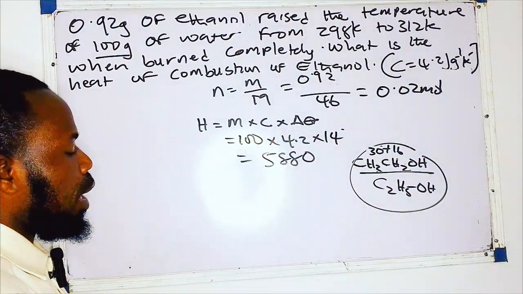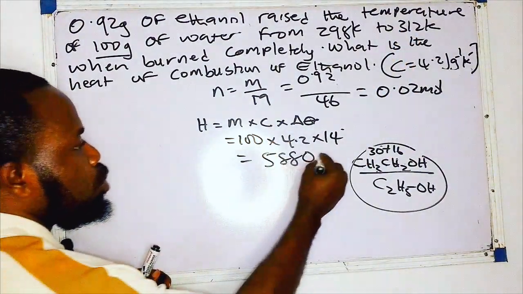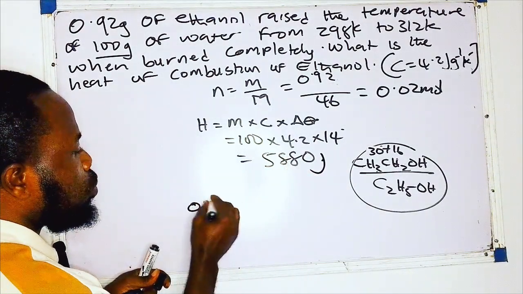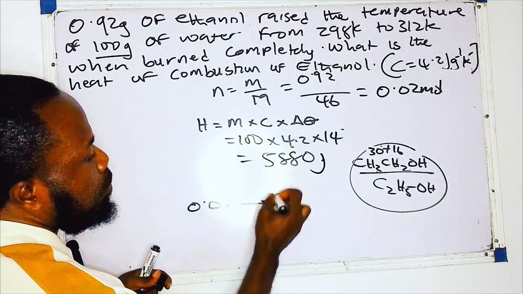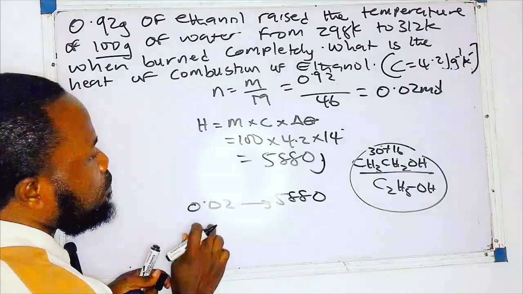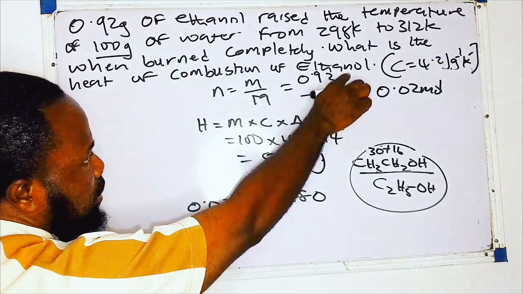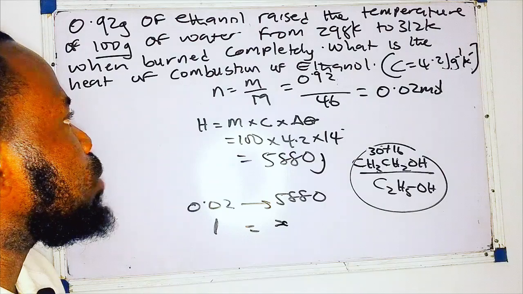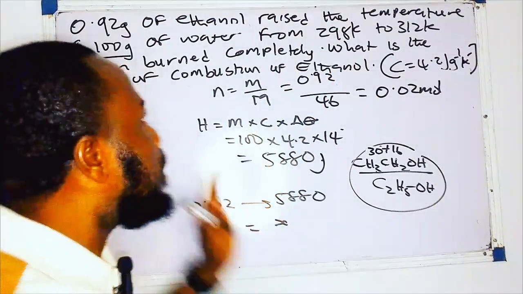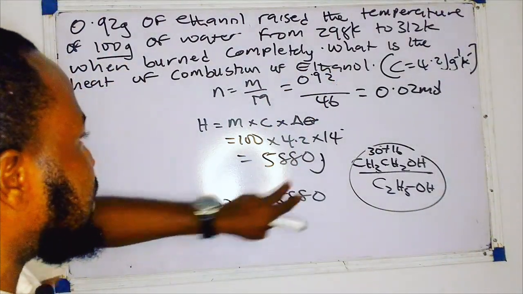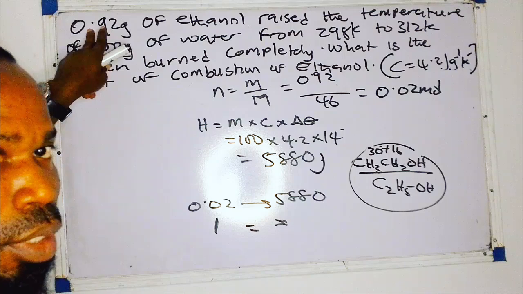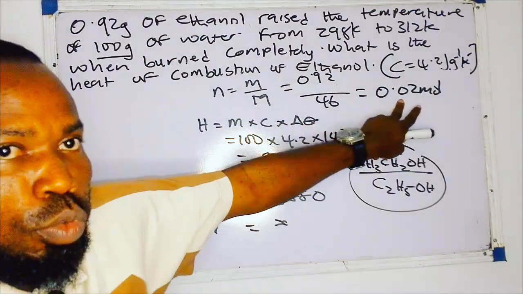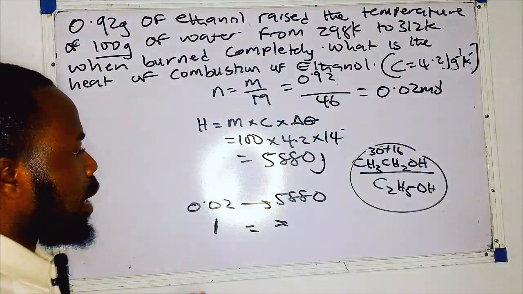This is the heat that 0.02 moles of ethanol was able to produce, in joules. Therefore 0.02 moles produce this amount of heat, 5880. Therefore 1 mole of ethanol will produce X. Because they are asking us for the combustion of ethanol, and this is the heat generated by these few moles, we should convert it to 1 mole.